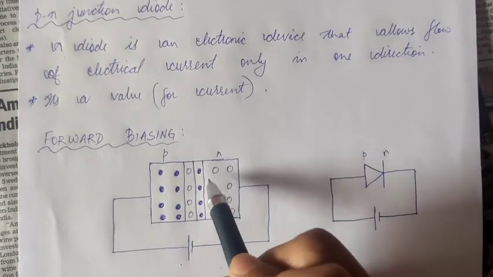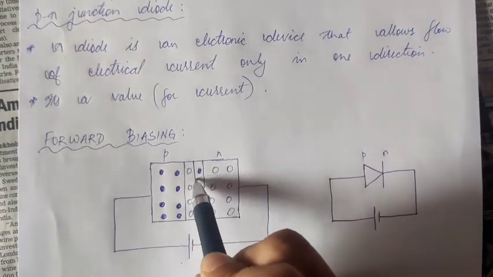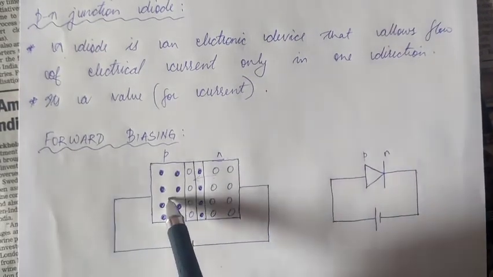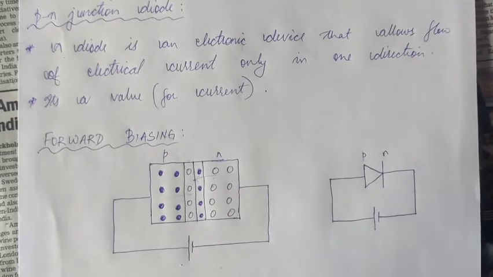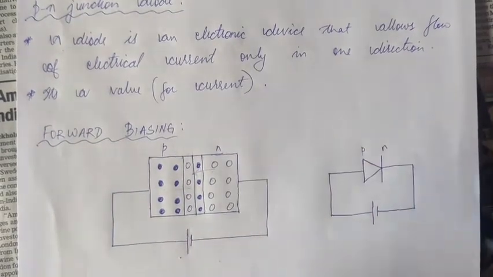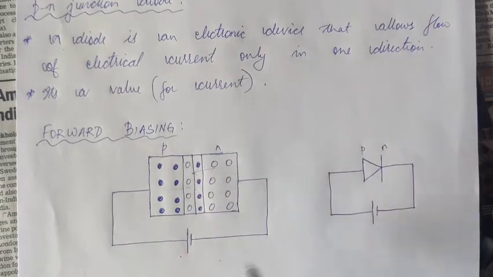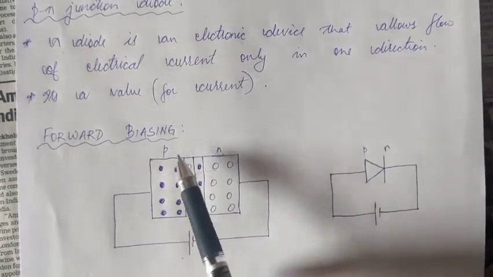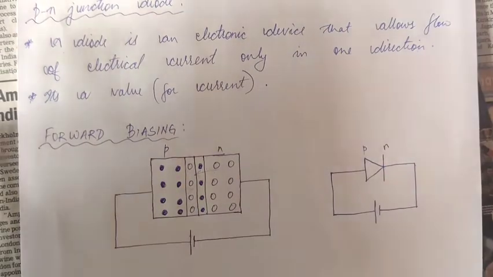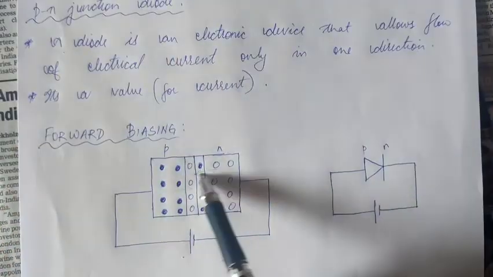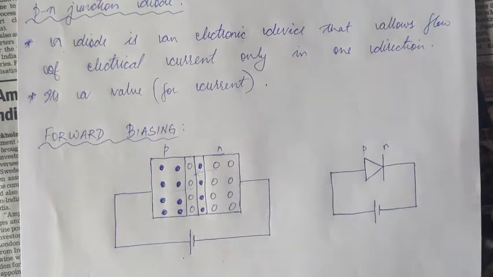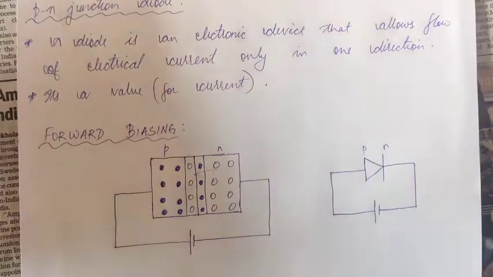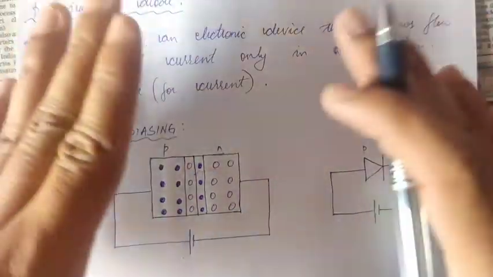So the majority charge carriers from both sides move towards the p-n junction, towards the depletion region. And thereby the depletion region is squeezed in.